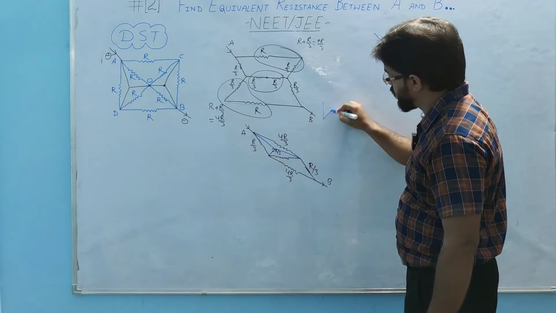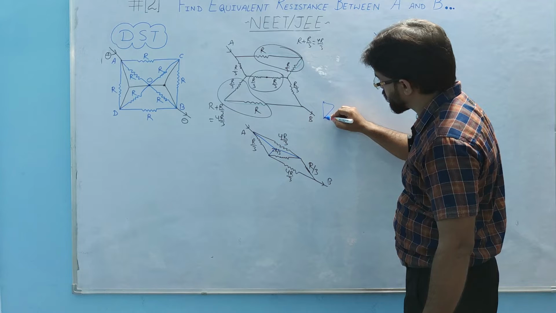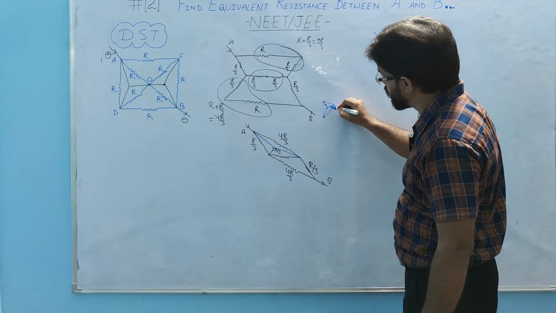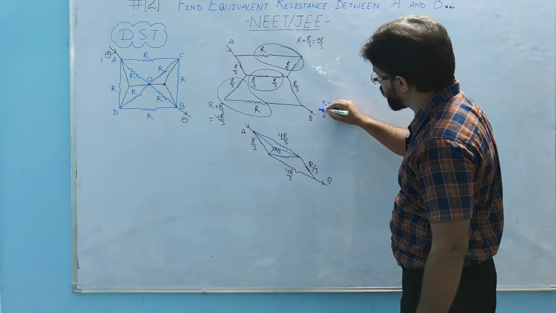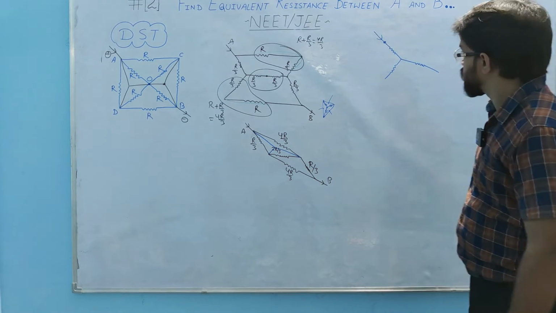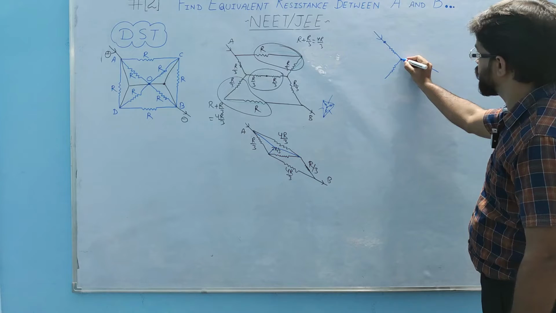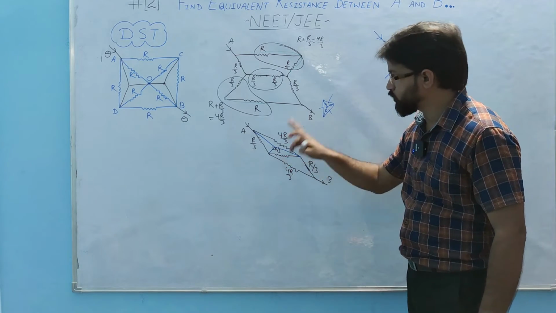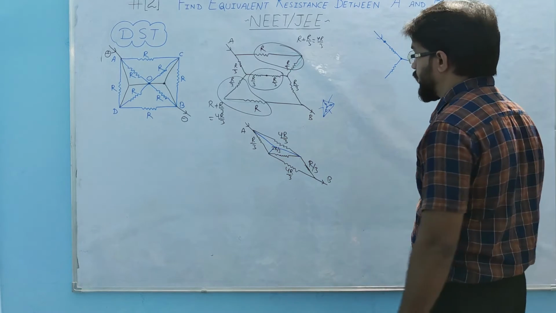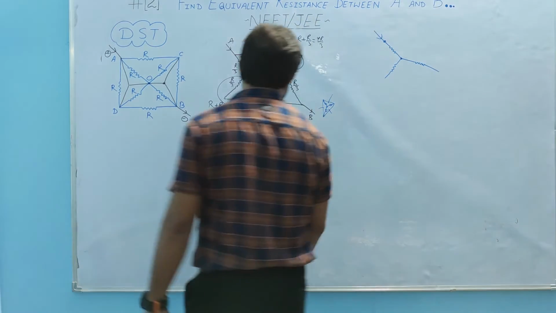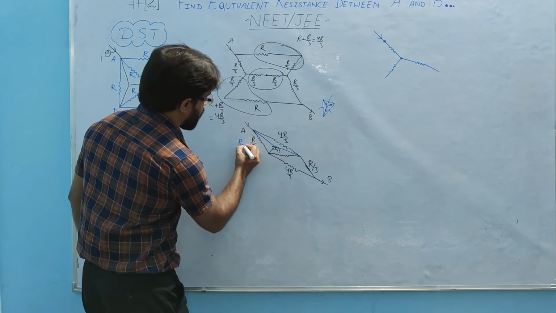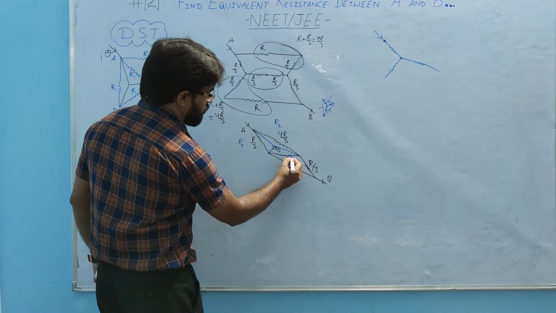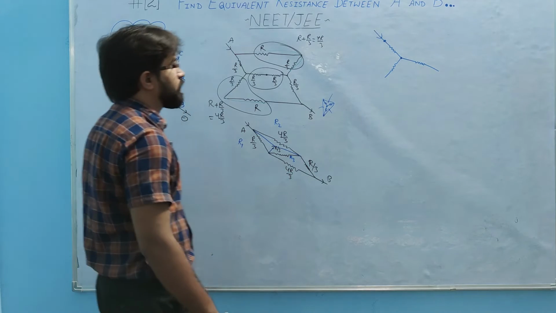So whatever delta is there, this delta creates a star like this. Only these 1, 3 star. These are removed. Your calculation will also be needed, because all three are not the same, so we cannot do it easily. We will have to apply the values. So I am mentioning this. Suppose this is R1, this is R2, and this value is R3.